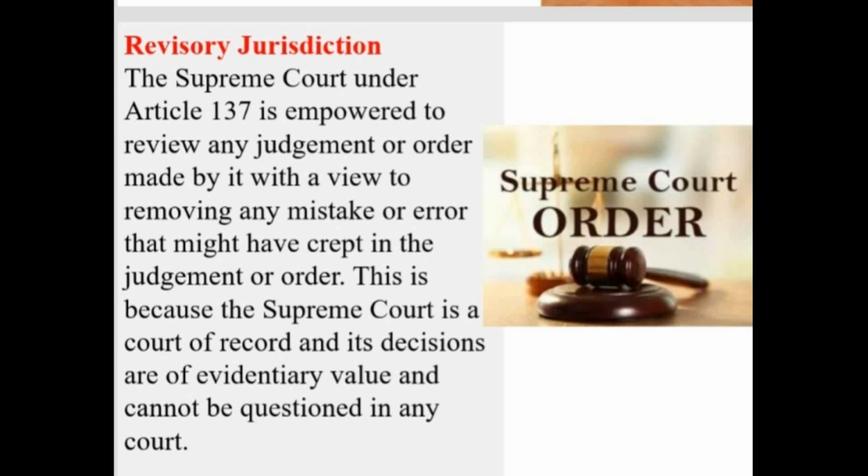And while passing these, after all, the judges are human beings, though of course with the highest knowledge in the judicial process, there might be a chance they may commit some mistakes in passing judgments and orders. So whenever the Supreme Court feels that there are some mistakes in the orders or judgments passed by it, it will try to review its own judgments.